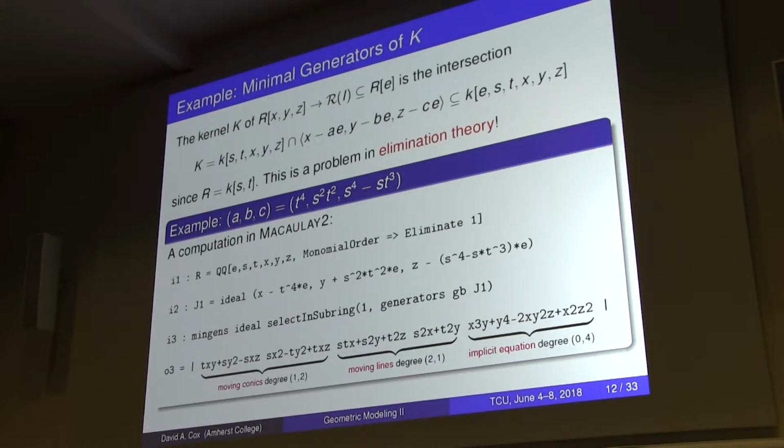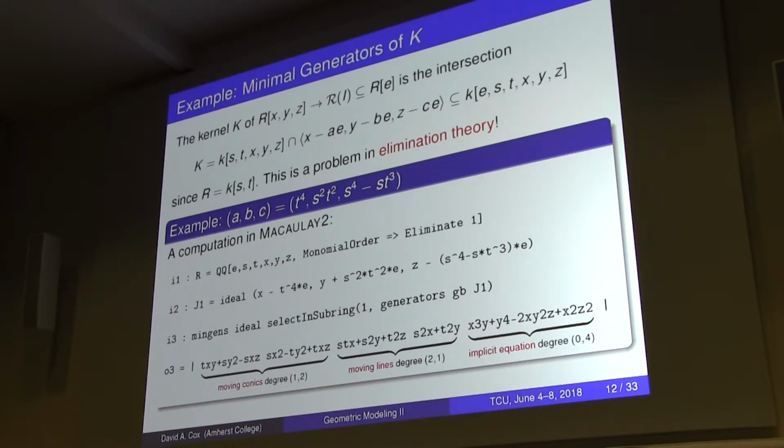For example, right here you get ones that have just degree 1 in x, y, z. So these are the moving lines. Notice they both have degree 2 in s and t, and that's because mu is equal to 2 and n is 4, so p and q both have degree 2. One of these is p and the other is q.